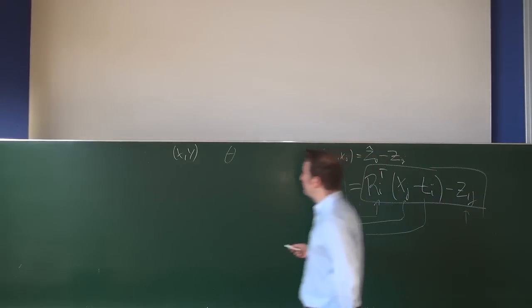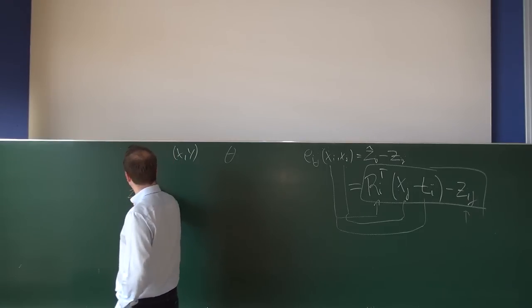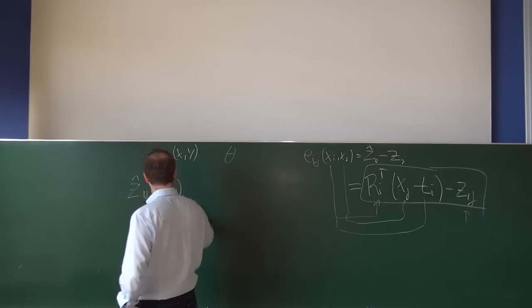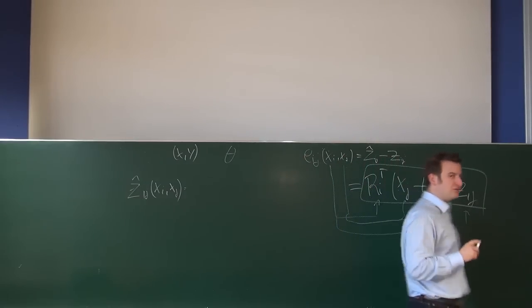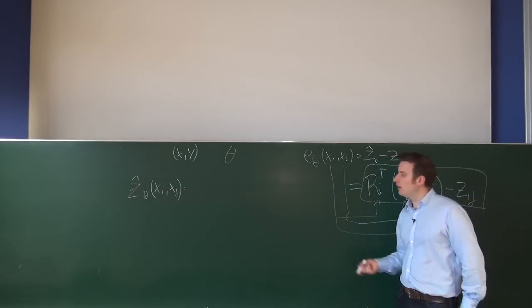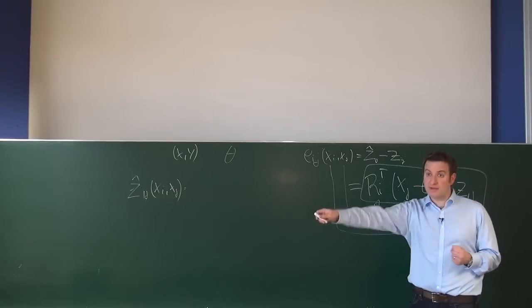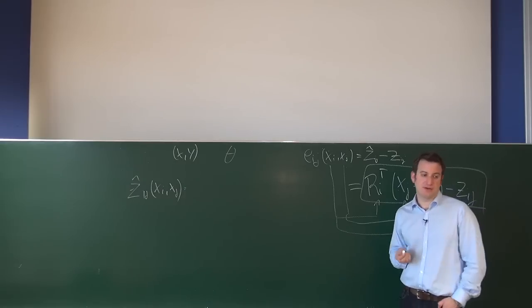So again, we have my expected observation, h_ij of x_i, x_j. How do I compute the expected observation for this case? Given two configurations, the robot and the landmark according to the graph, what should I expect to measure in terms of orientation?